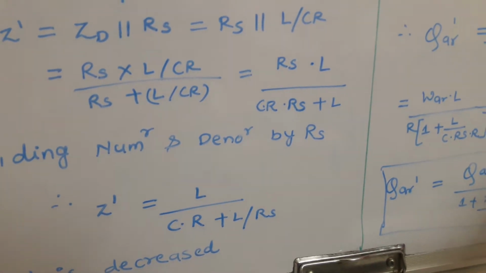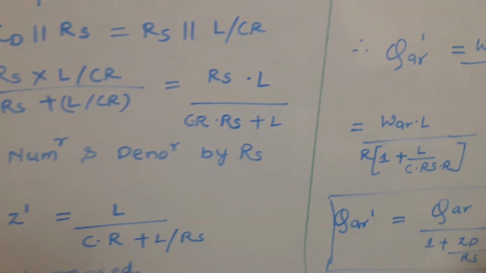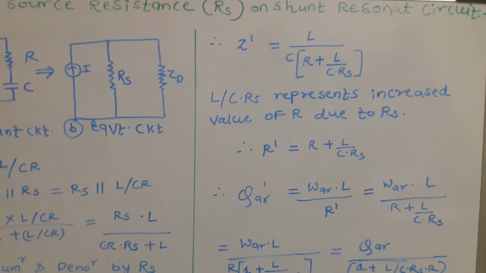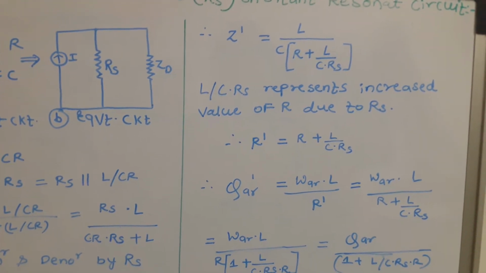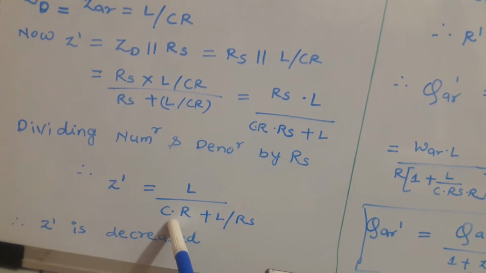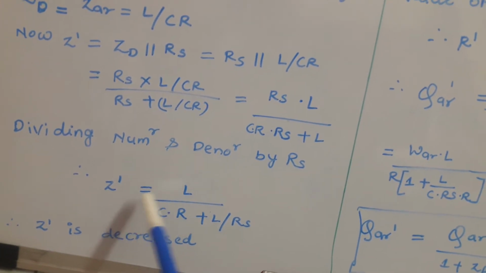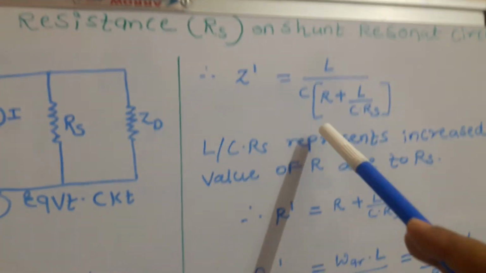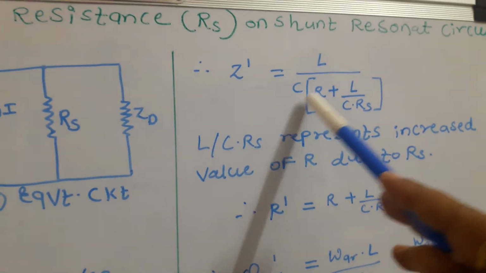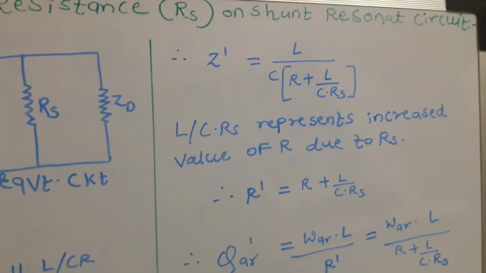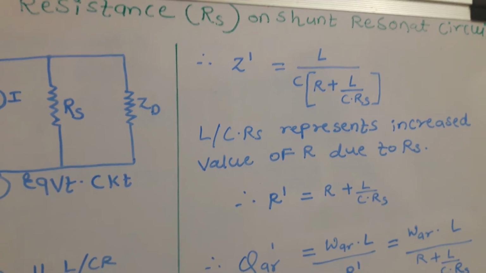Now again let us see the effect of this Rs on bandwidth as well as the quality factor. Again we are making this expression simple. Let the capacitance C be taken as common. So we will have Z dash is equal to L divided by C common, R plus L divided by C dot R, as there was no C in the right hand side term.